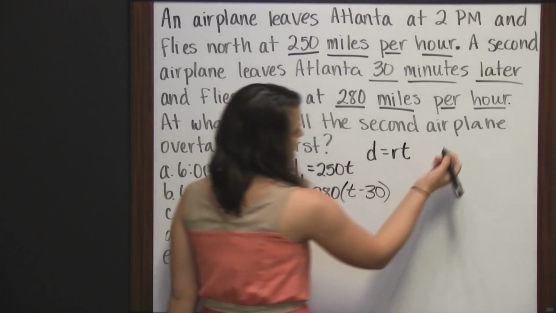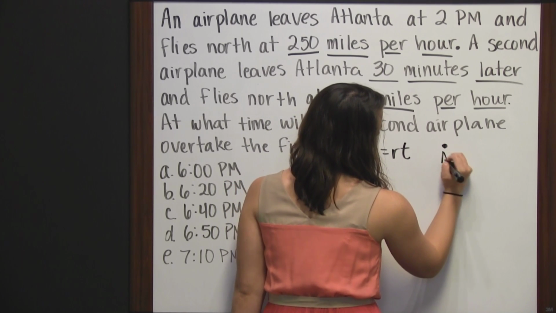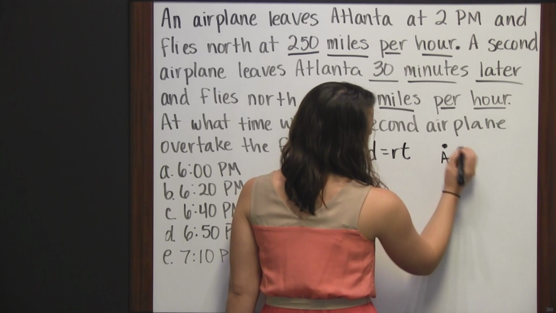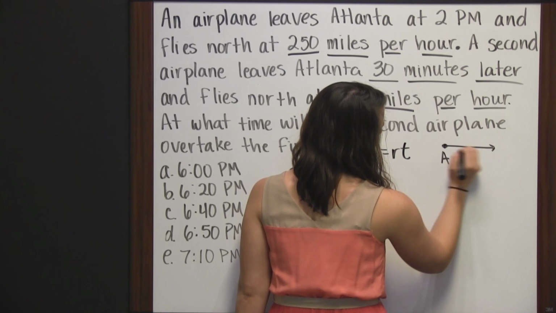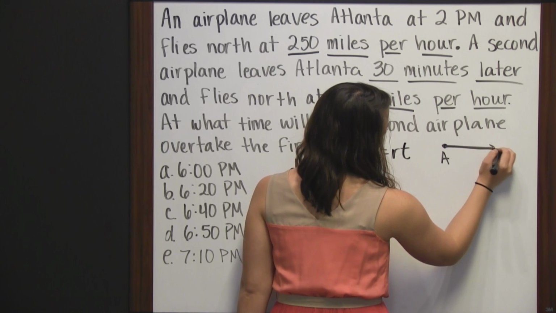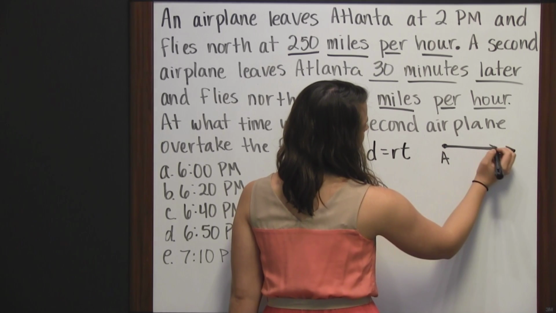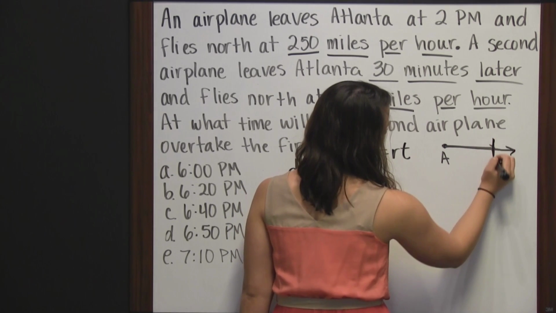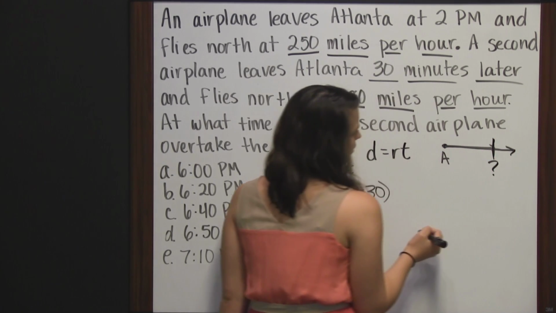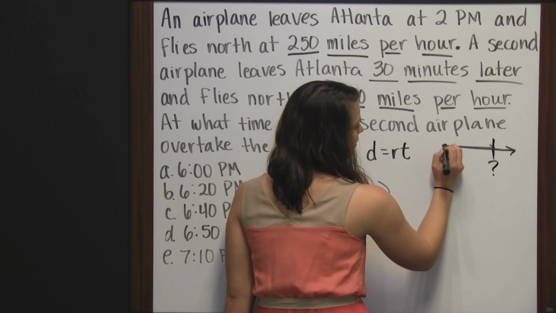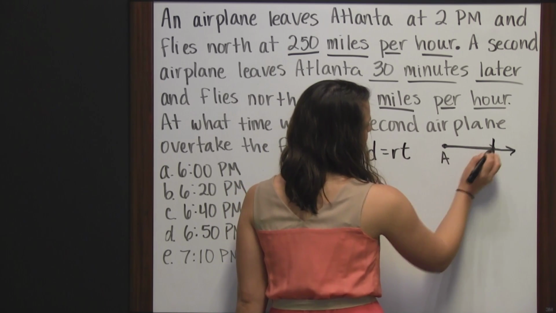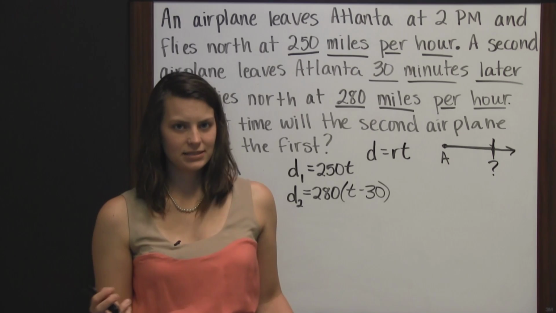Now if you think about this, you've got two planes leaving from Atlanta. They're both flying north. And the question is, when will the second one overtake the first one? Well, at that time, both of these airplanes will have flown the exact same distance.